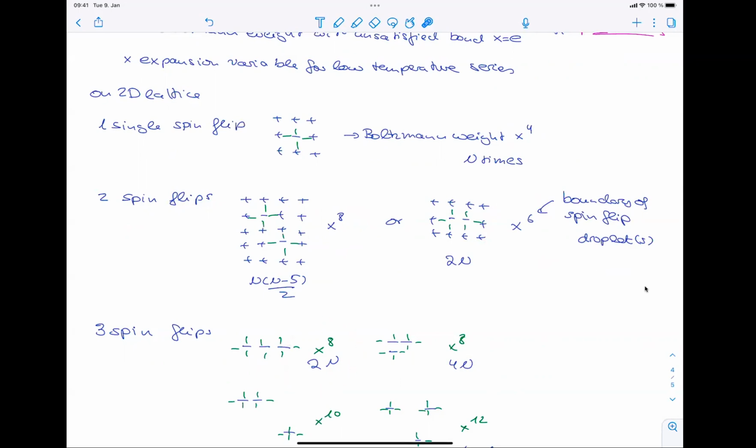So you have to be careful when using this method to check the higher order terms, because a higher number of spin flips might contribute a lower order in x to the partition function.